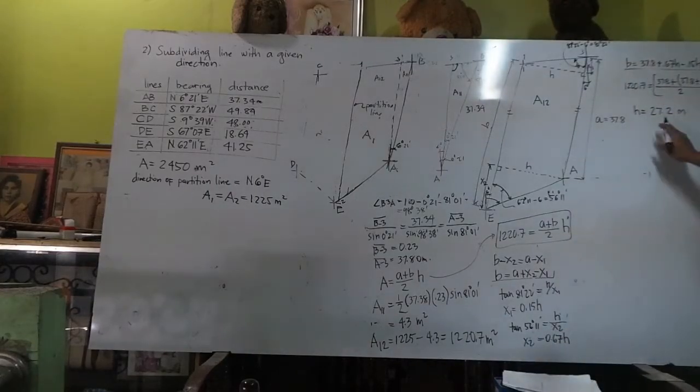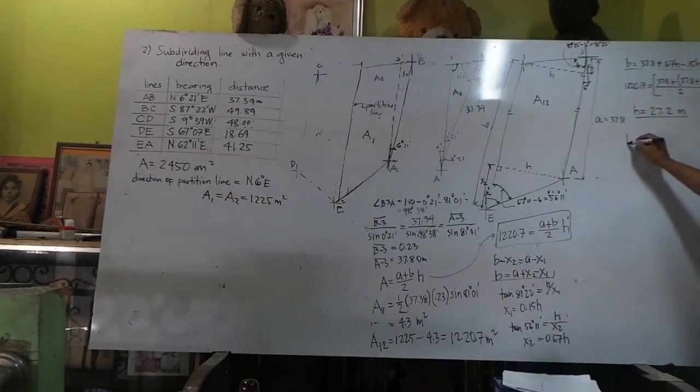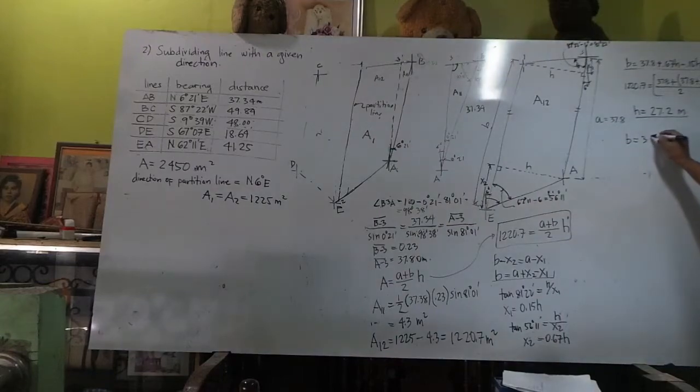Knowing the value of h, you can now solve for b. So your b will be equal to 37.8 plus 0.67h minus 0.15h, or we can just factor the value times h: 27.2 minus 0.15 times 27.2.